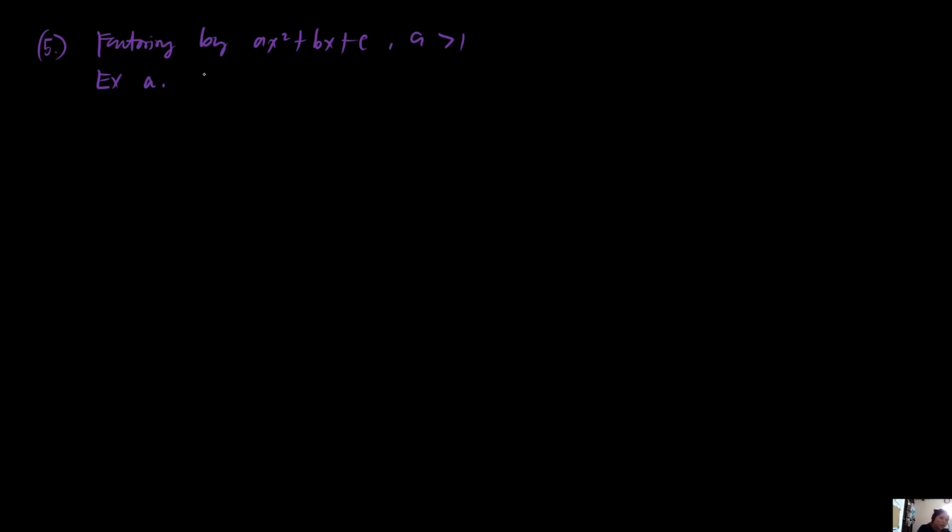Let's have 2x squared plus 5x plus 2. Let's write this down. Let's do the AC method again. Our A here is 2, our B is 5, our C is 2. AC is 2 times 2, which is 4.